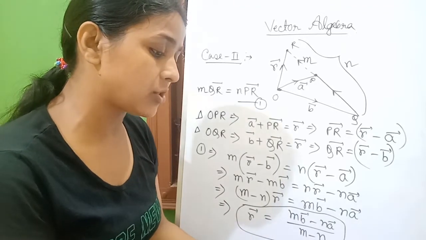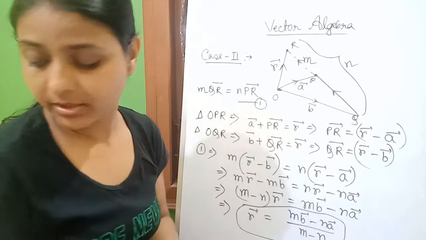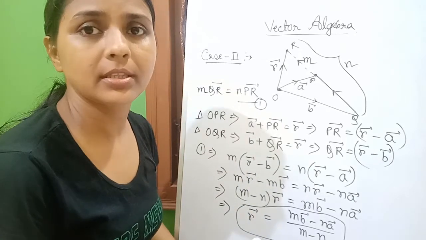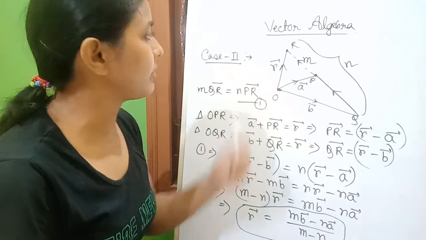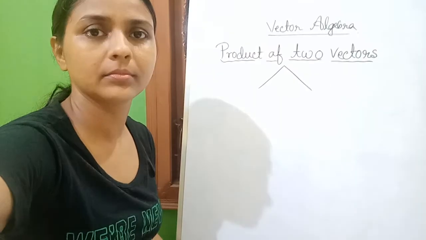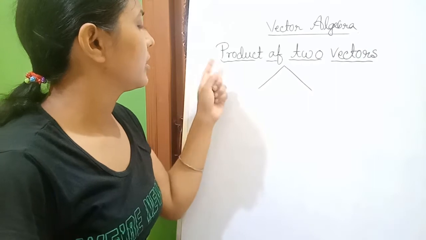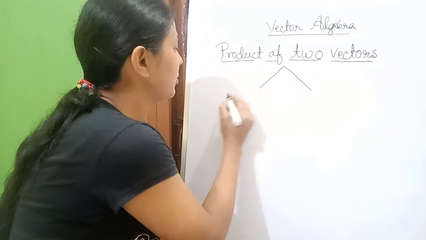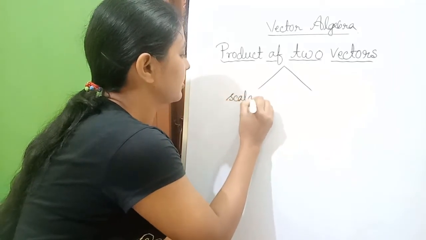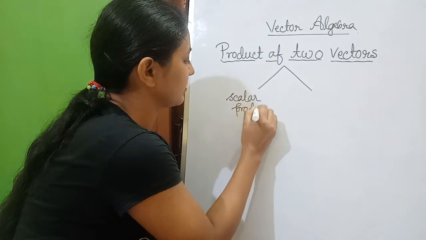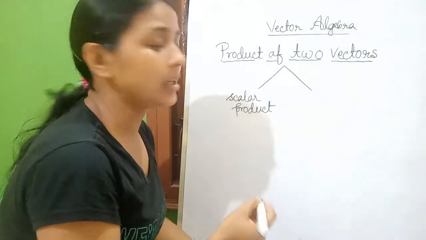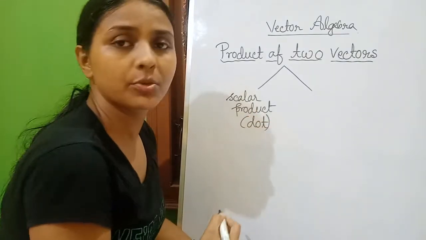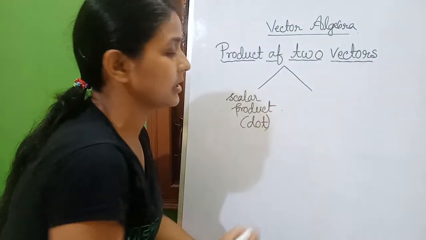That is, the next topic is product of two vectors. Okay, so product of two vectors. Before I erase this, I will write over there and then again I am continuing. So students, product of two vectors are of two categories. Number one, this is scalar product. Precisely, we call it dot product. The sign is dot like this.